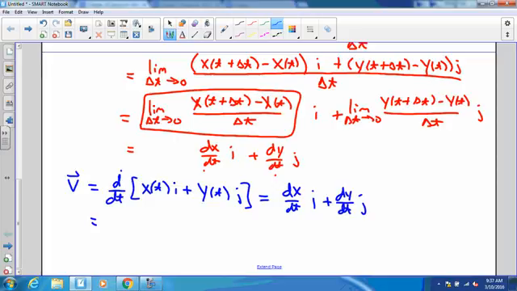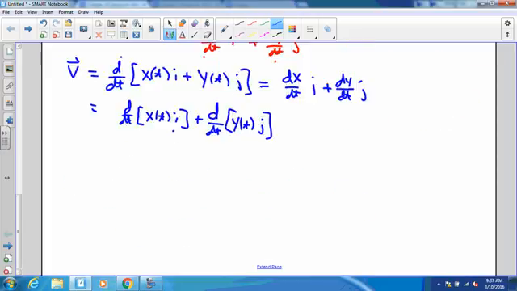And if you think about it in terms of derivative rules, this also makes a whole lot of sense, because the derivative of a sum should be the sum of derivatives. And each of the vectors i and j are constant in the sense that they do not change in either magnitude or direction. i remains in the direction of the positive x-axis with a length of 1. j remains in the direction of the positive y-axis with length 1.